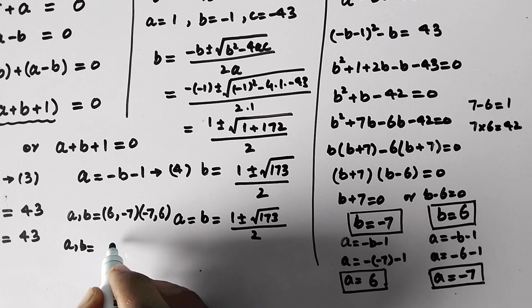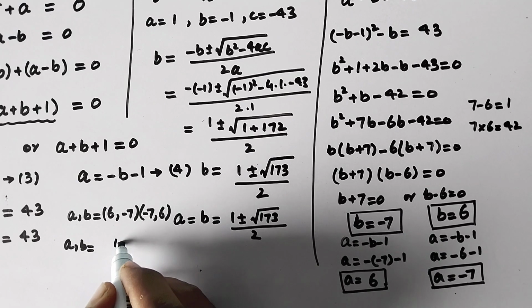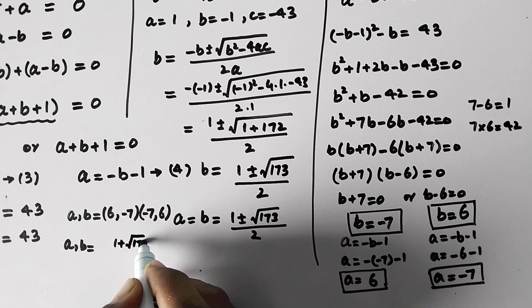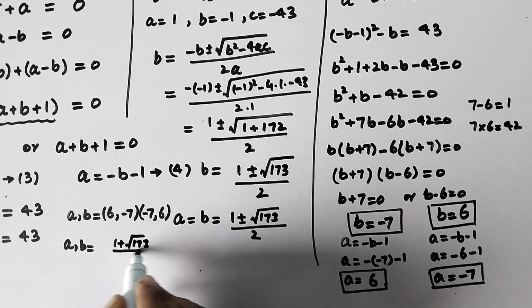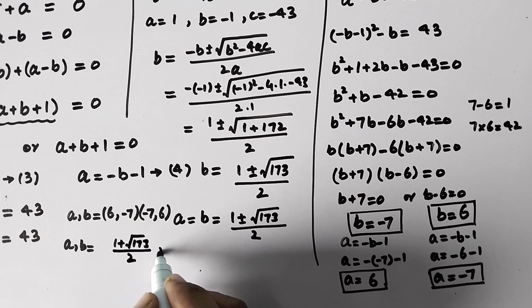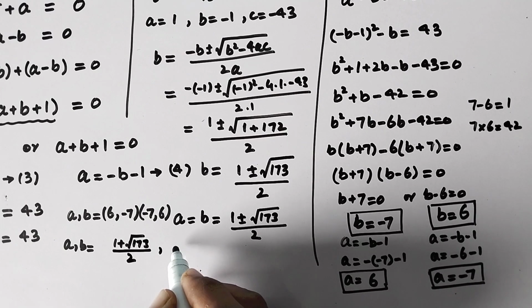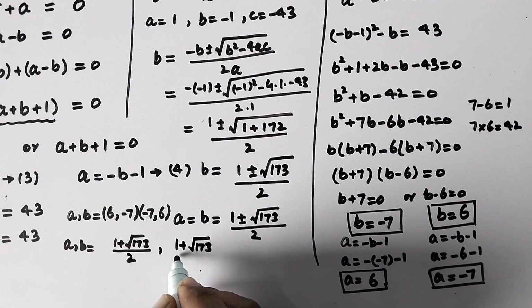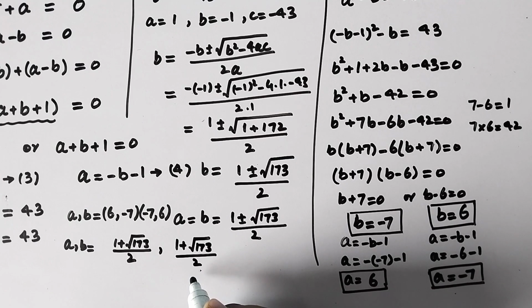So here we will write a is equal to 1 plus square root of 173 over 2, and b is also equal to 1 plus square root of 173 over 2.